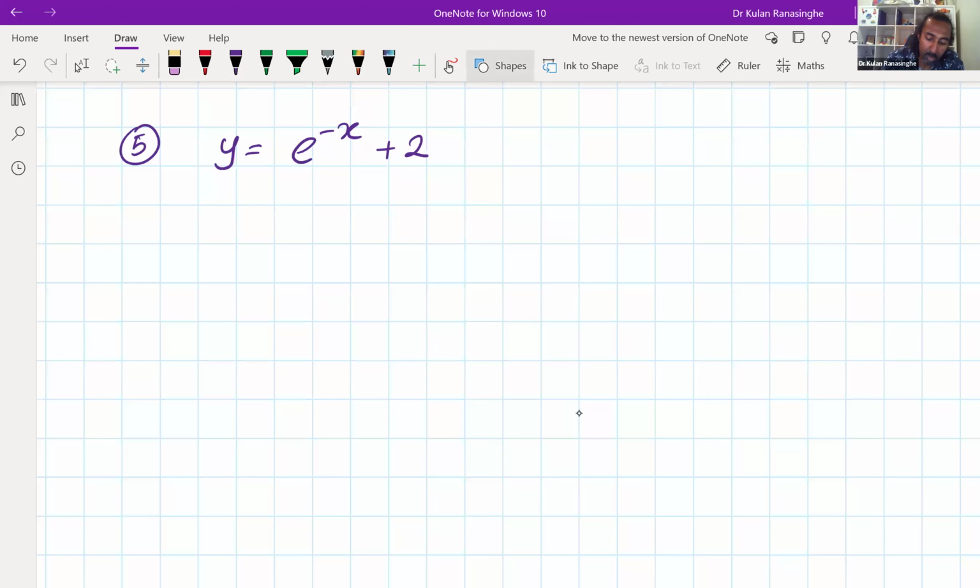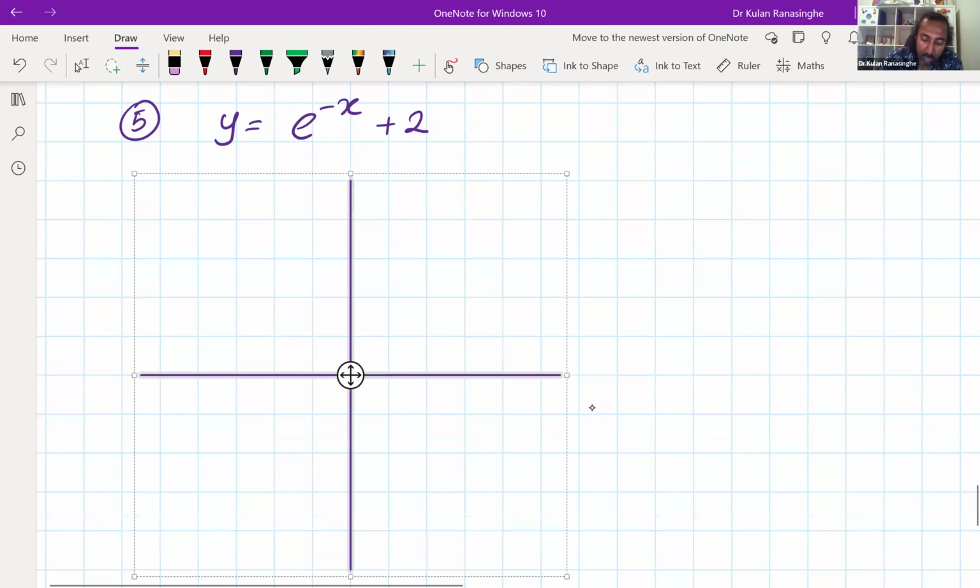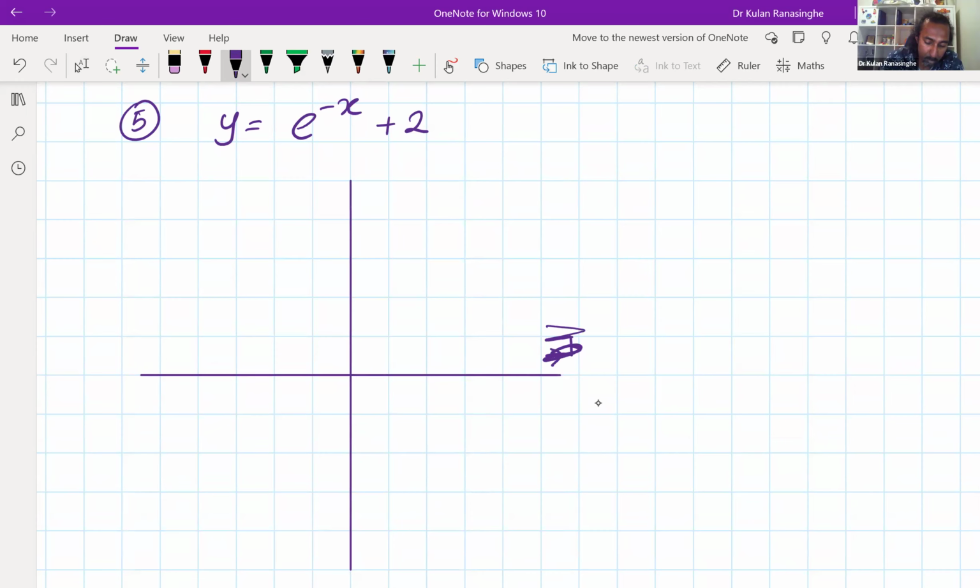Now we're going to look at the graph. Well, obviously, we can draw our normal e to the x and then reflect. We will get the reflected graph. It's a plus 2. Mind you, it goes through 0, 1 first.